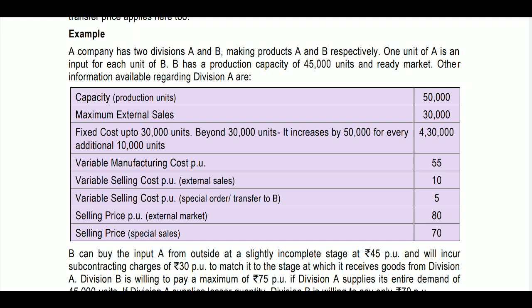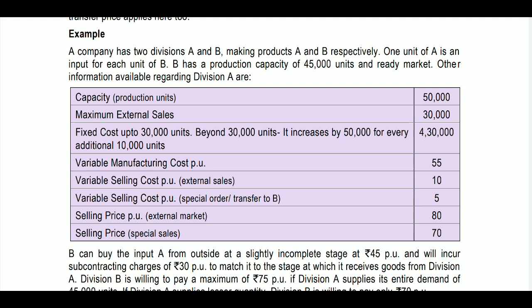Next, the variable selling cost for special orders transferred to B is 5 rupees. The selling price provided is 80 rupees, so 80 minus manufacturing cost 55 minus 10 rupees will be the contribution up to 30,000. But if you go beyond that, it will be different.